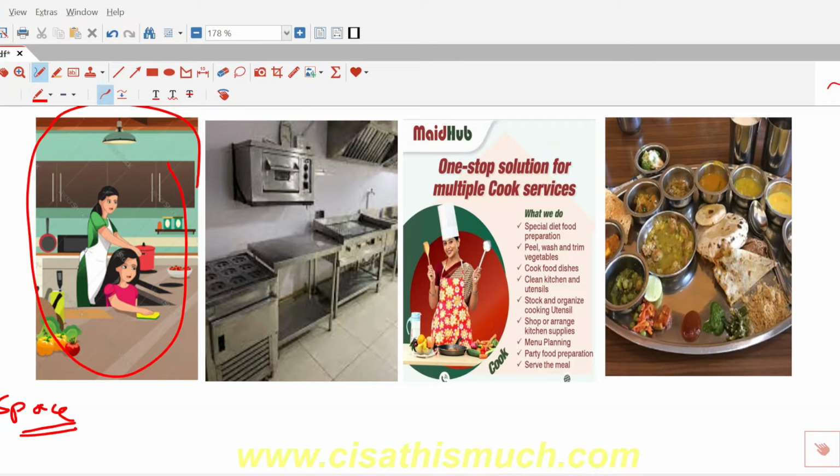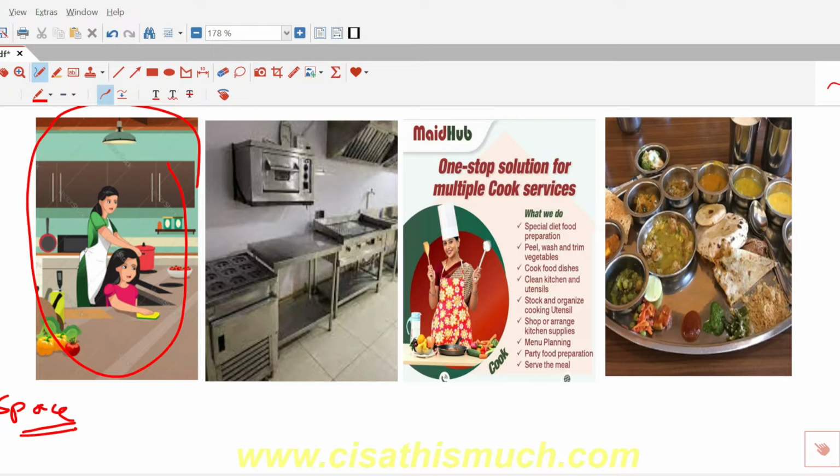Who is responsible for purchasing the vegetables? Who is responsible for purchasing the breads, all the raw materials which are required for making the food? The grains, the pulses and everything. Who is responsible? Again, the family themselves, right? They are supposed to have the infrastructure, the space, all the raw materials, the electricity, the gas, and they are supposed to even have the chef.